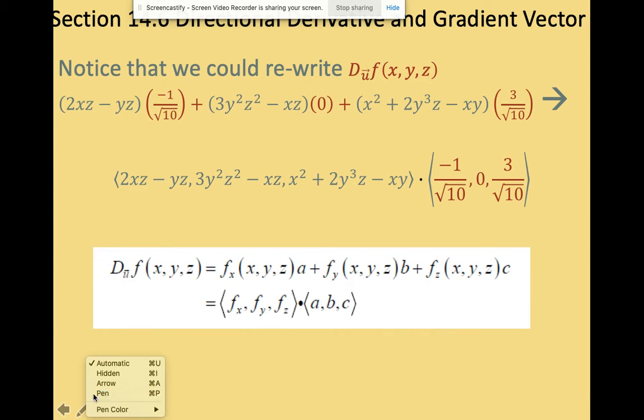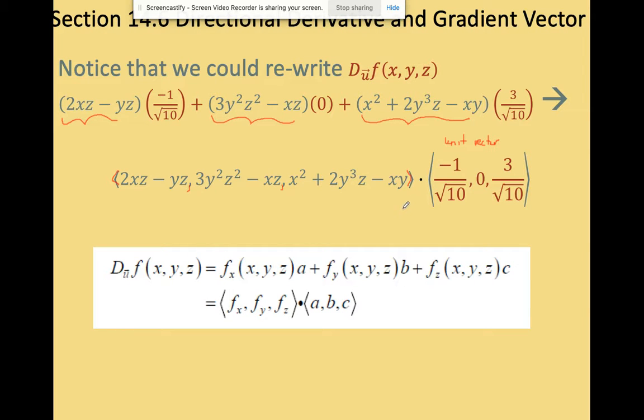So isn't it true, those are all the partial derivatives? If I create a vector of the partial derivatives and dot it with the unit vector, isn't that the directional derivative, just in a different form?